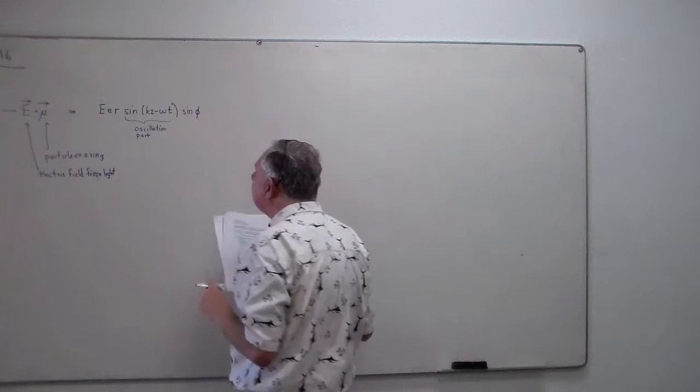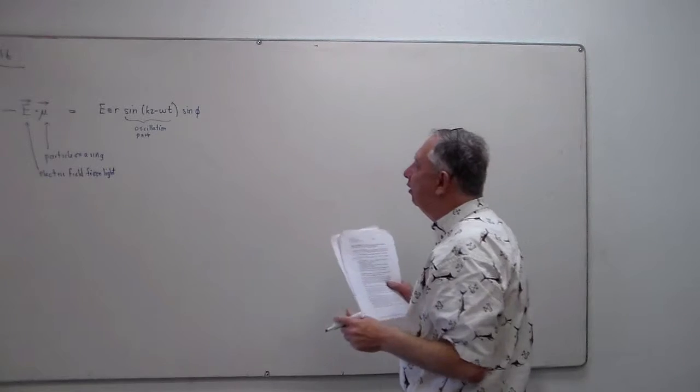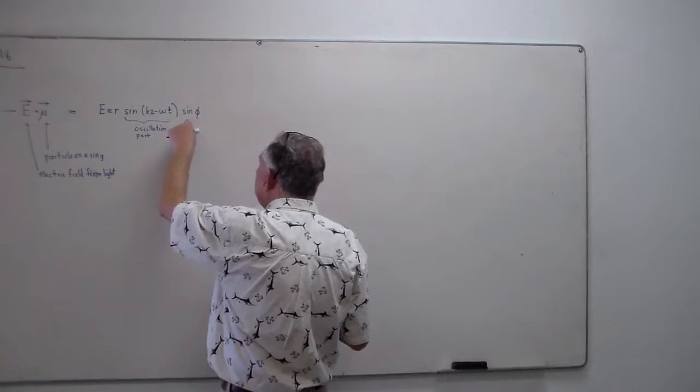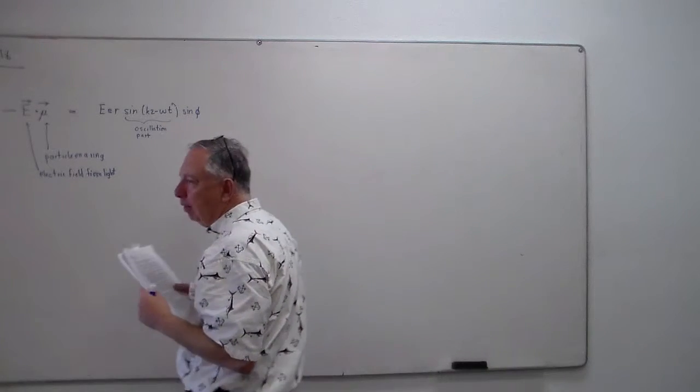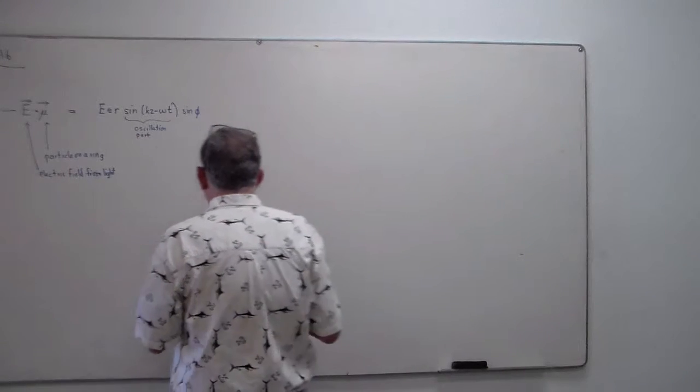So the sine gives you the oscillation. The sine phi is where we happen to be in the circle.